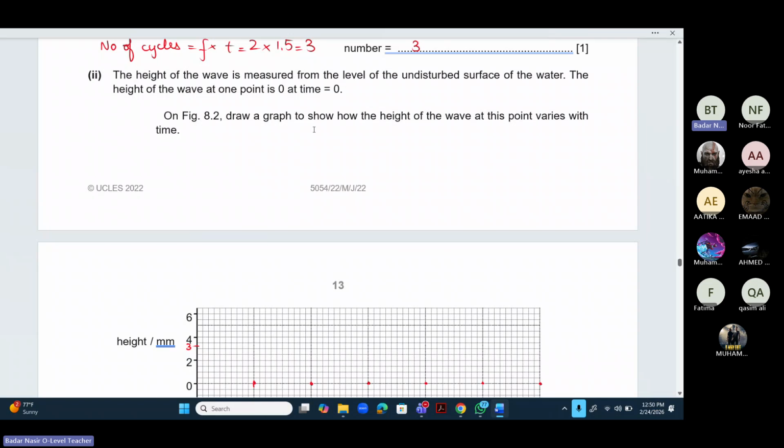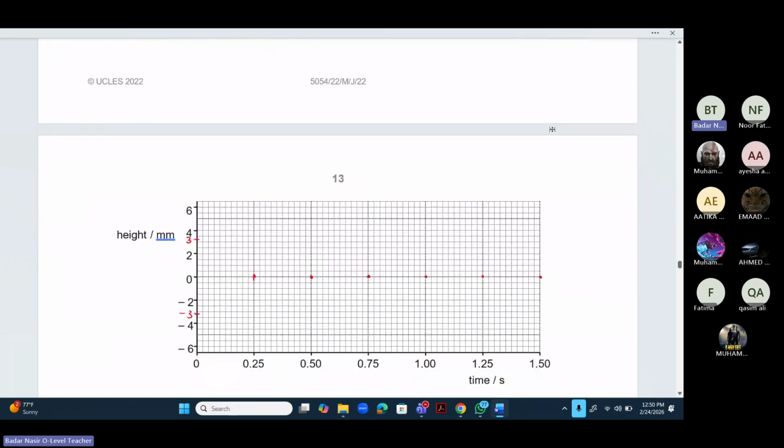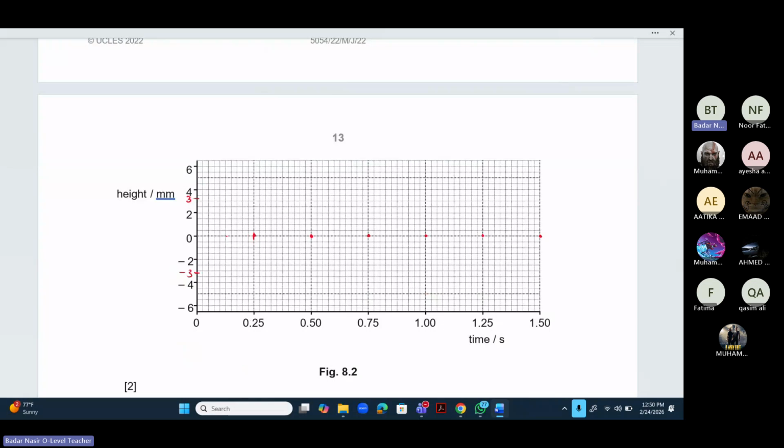Draw graph to show how the height of wave at this point varies with time. तो 0 और 0.25 के बिल्कुल जो मिडिल वाला है, इस पॉइंट पे जो एम्पलीट्यूड है वो 3 है, और इनके जो मिडिल में यहाँ पे एम्पलीट्यूड कितना है? -3. ठीक है? So we have a sinusoidal wave. फिर again यहाँ पे it's going to repeat. ठीक है?